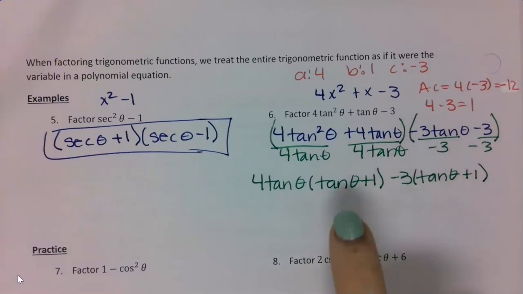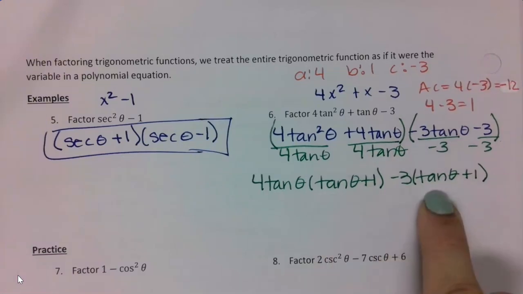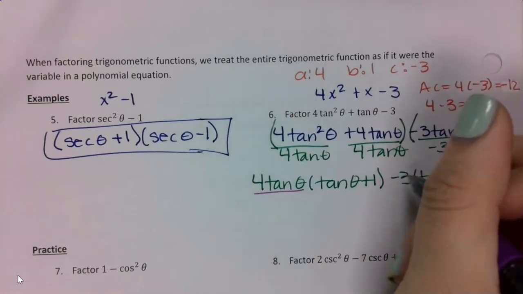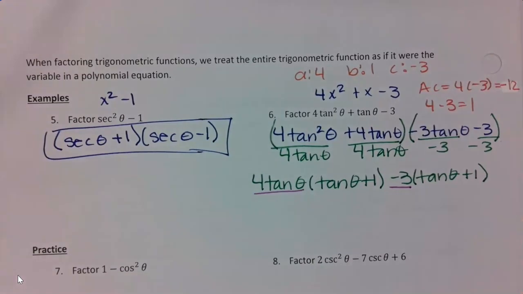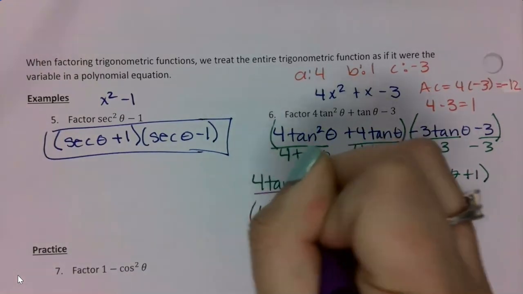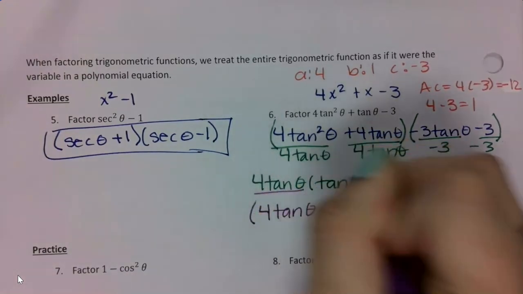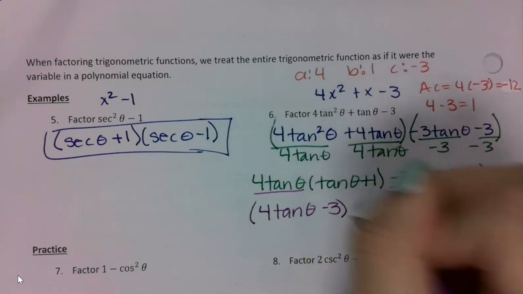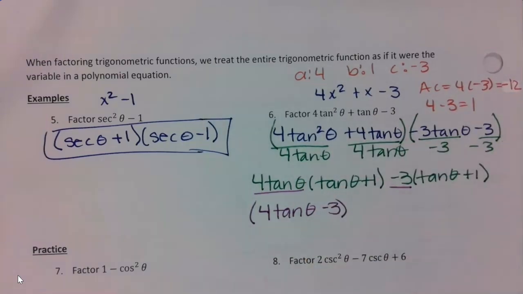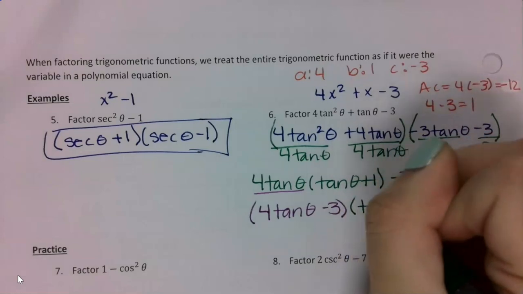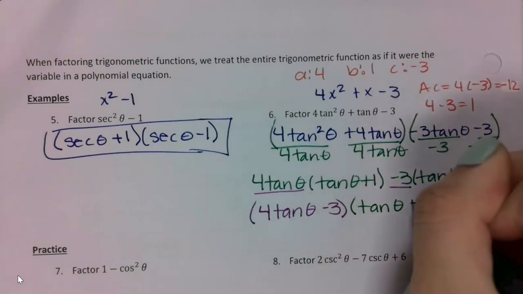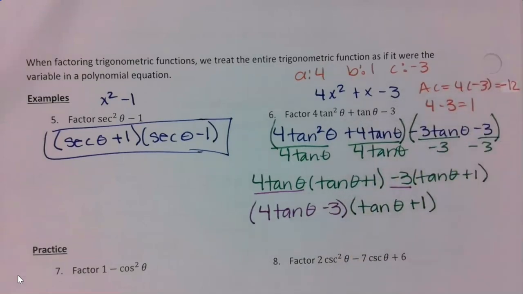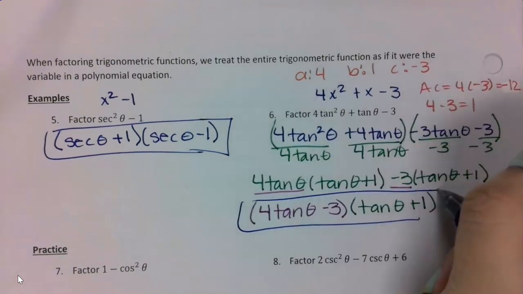So notice the parts inside the parentheses are the same. So I can use the inverse of the distributive property to put my 2 outsides together. So I'm going to write those in a set of parentheses. And then the repeated part just gets written at the end. And it only gets written once. So this is my final answer.